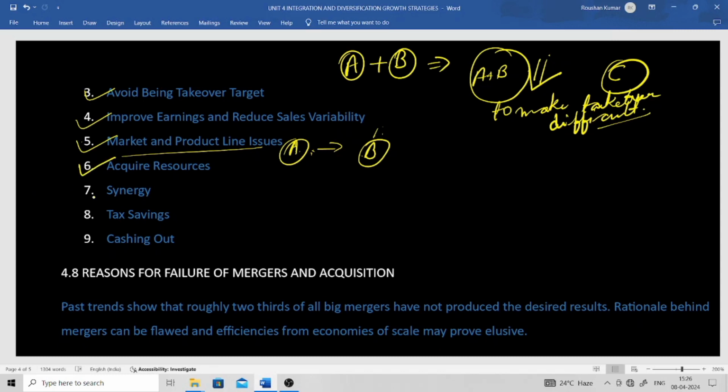The seventh reason for mergers and acquisition is synergy. Synergy means the output of two or more firms when combined is more than when they operate individually.